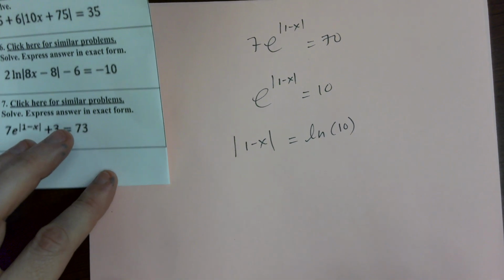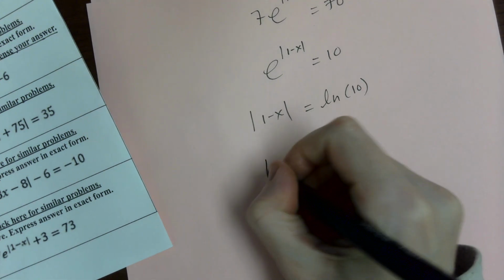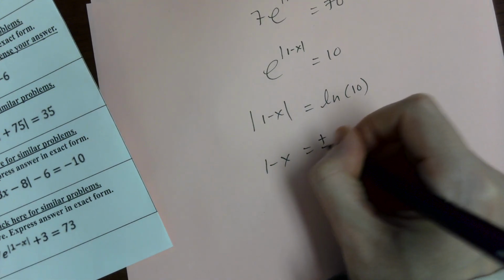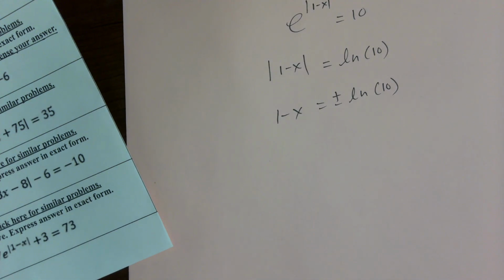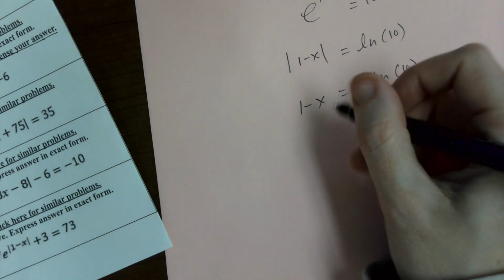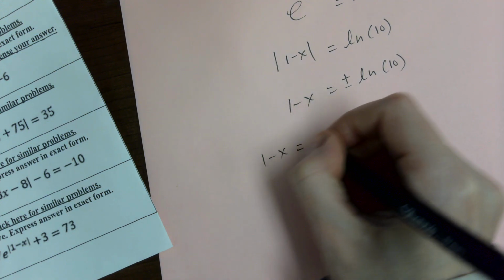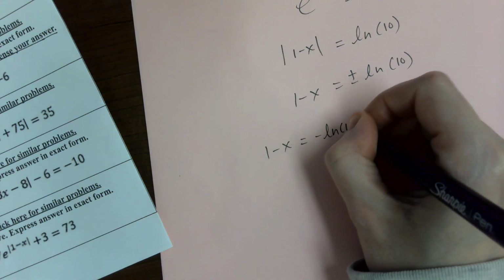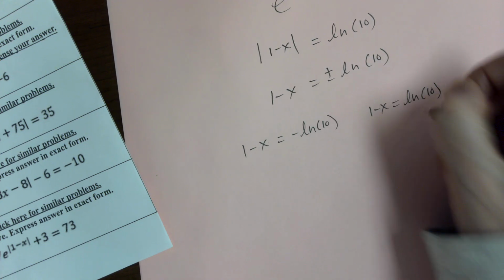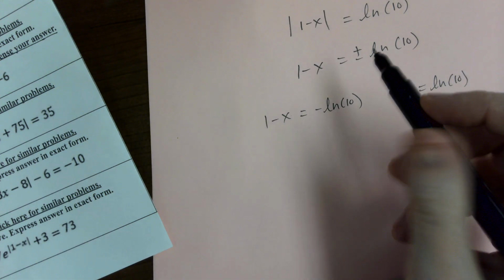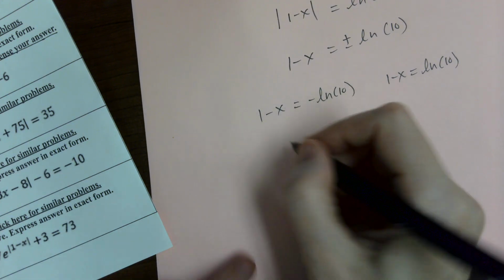This is the exponent on base e to get 10. Then I can do the plus or minus move and drop the bars, and then I can split it up. Okay, and then I'm subtracting 1 and then dividing by -1 in both cases.